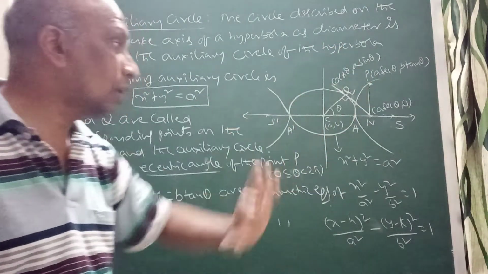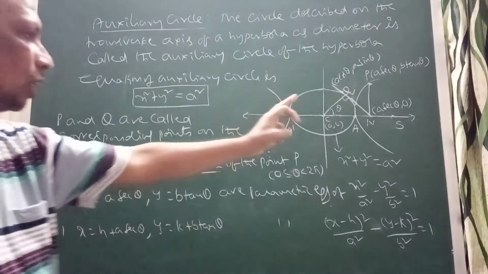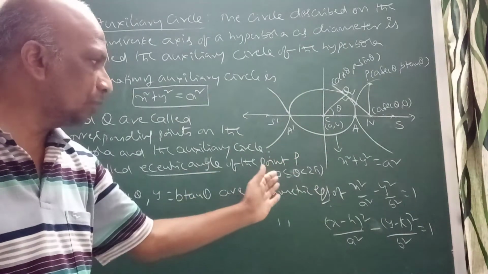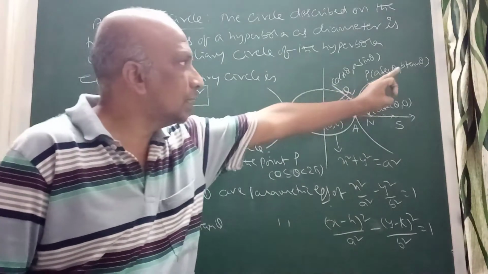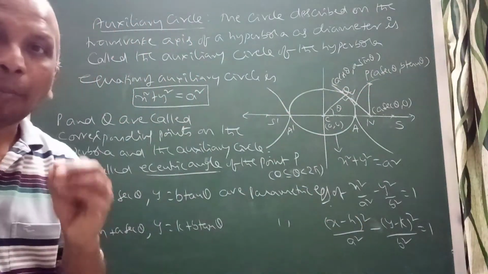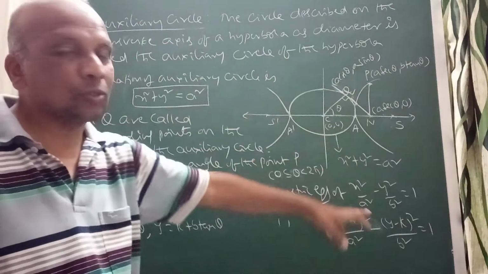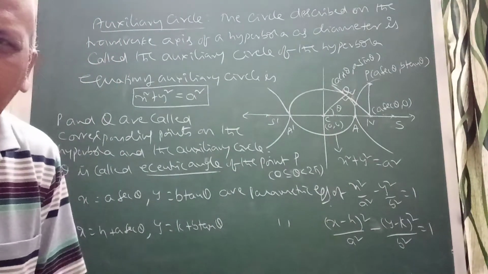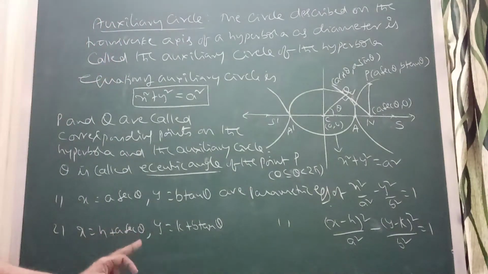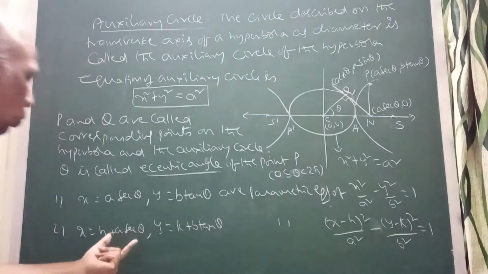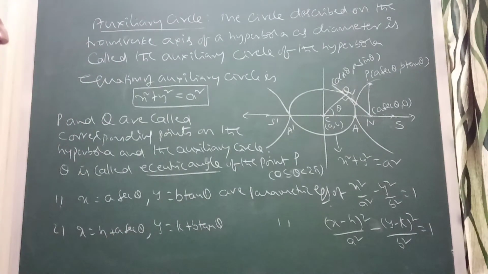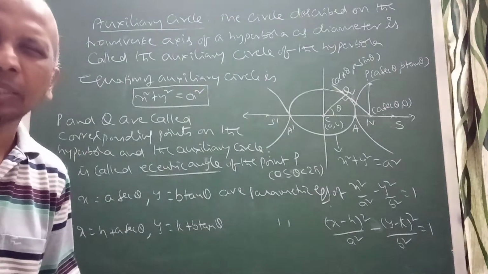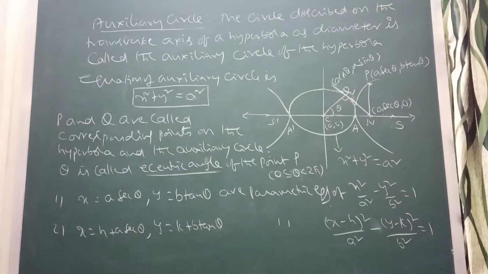P and Q are called corresponding points. Theta is the eccentric angle and lies between 0 to pi, including 0. Here a secant theta, b tan theta are called the parametric equations of x square by a square minus y square by b square is equal to 1. If the center is h comma k, then the parametric equations are x equal to h plus a secant theta, y equal to k plus b tan theta.